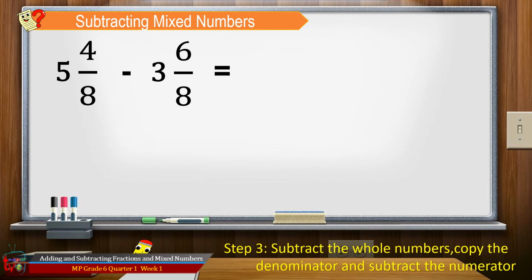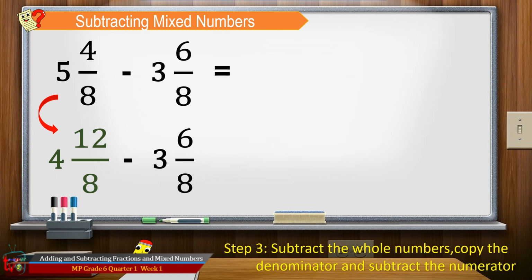After finding the equivalent fraction of 5 and 4/8, which is 4 and 12/8, we can now subtract. That is because 12 is now bigger than 6. How are we going to subtract again?